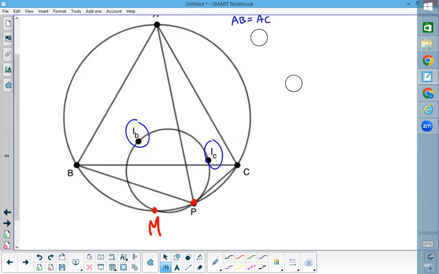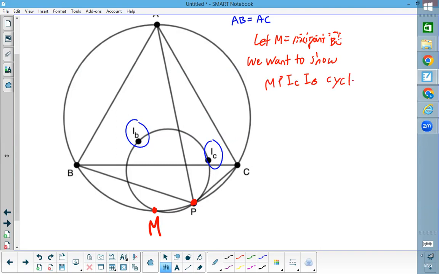Here we say, let M be the midpoint of the arc BC. So basically we want to show that M, P, IC, IB are cyclic. So how do we do that?